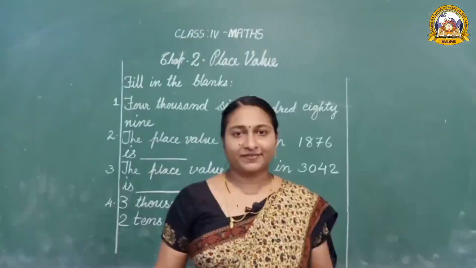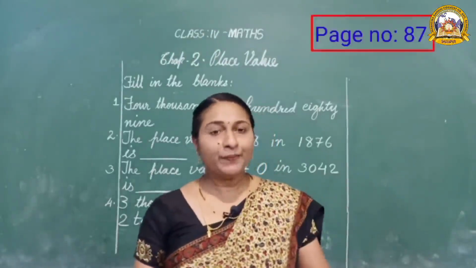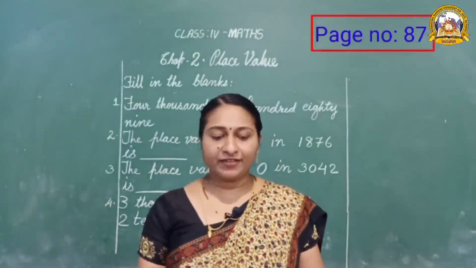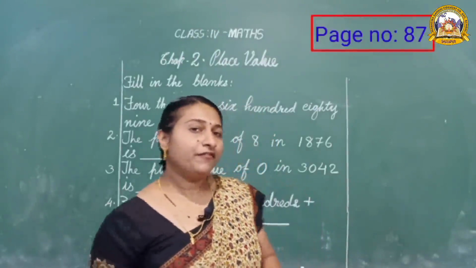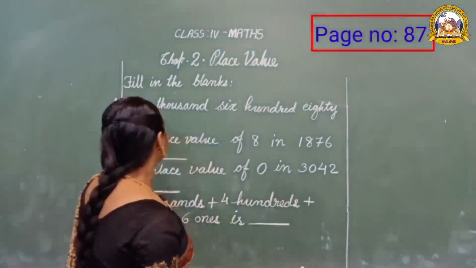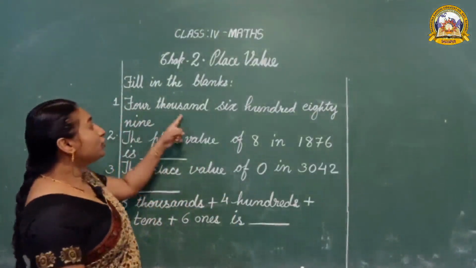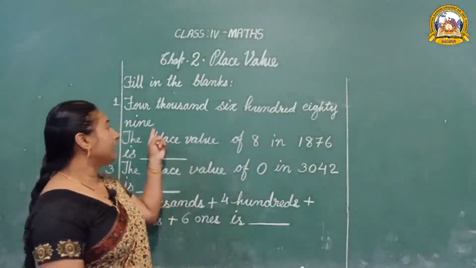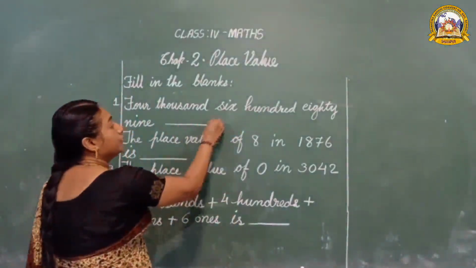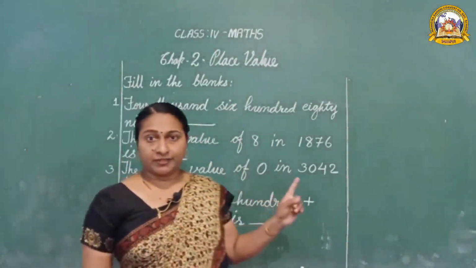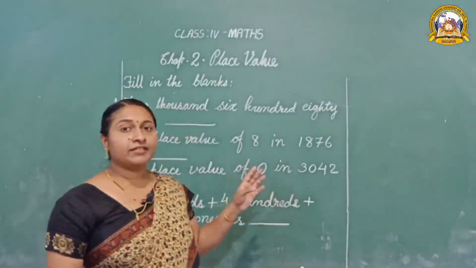Okay, all of you take your book, page number 87. Fill in the blanks. First one, 4689. Write in figure. How can we write it?